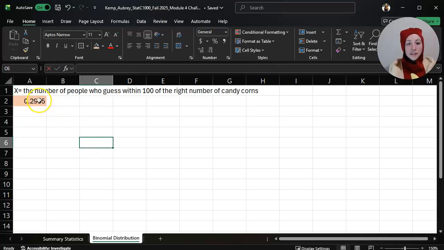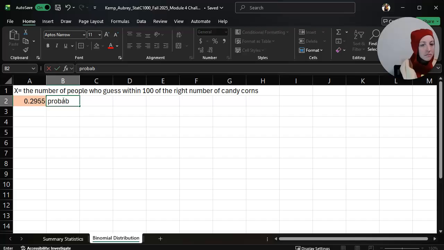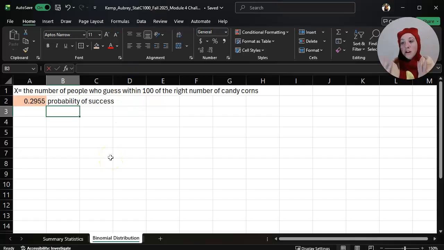So this is the proportion that we had from our data set. The way you can think about this is that this is the probability of success. So we're saying the probability that I randomly select someone from our data set who guessed within 100 of the right number, this would be the probability of success.